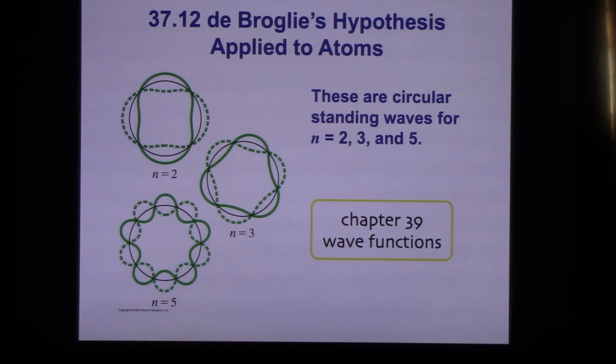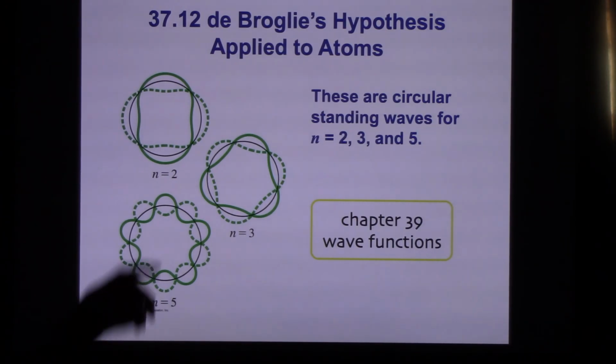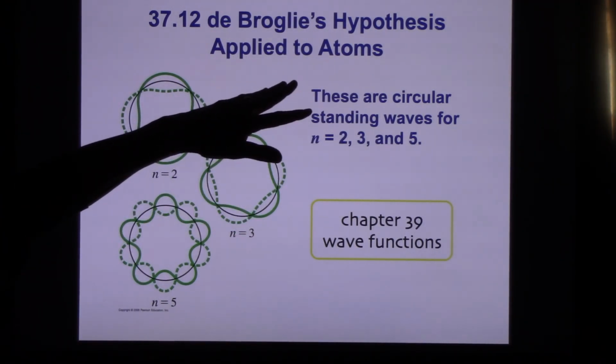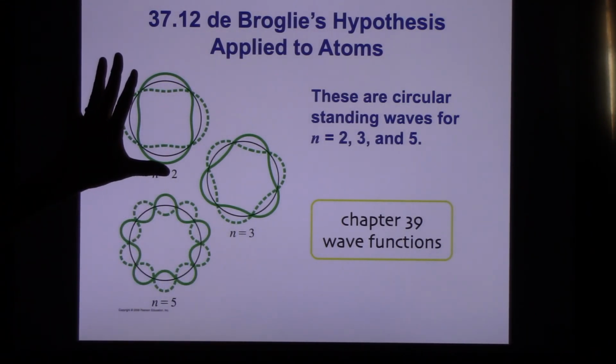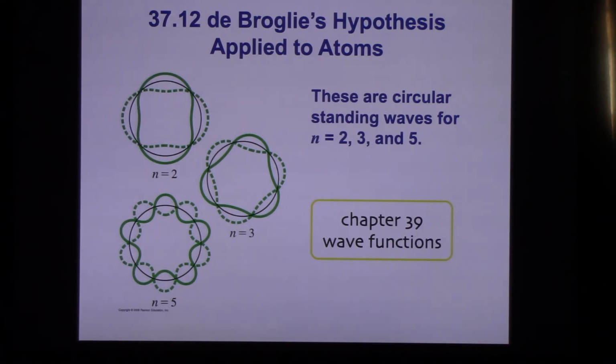Finally, there's this last topic that's kind of thrown in here, and it's talking about Louis de Broglie. He imagined that the reason these circular orbits from Bohr worked is because they represented integer values of angular momentum.